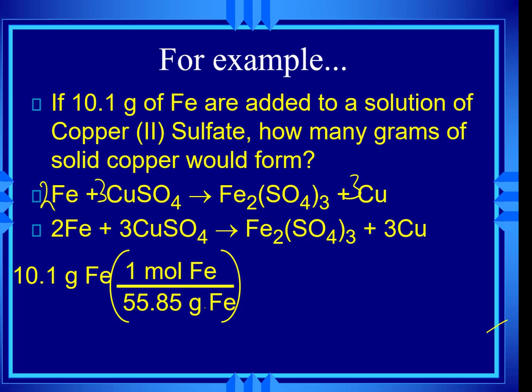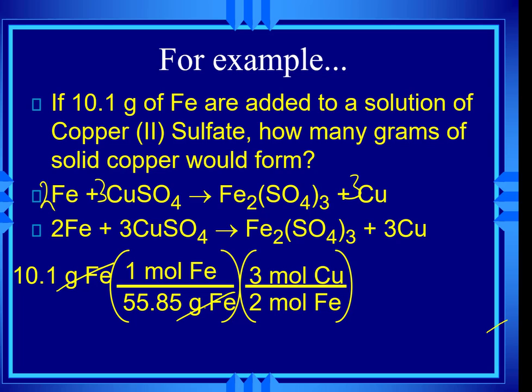And that cancels out grams of Fe. Now that I got moles, I can change chemicals. So I'm going to go from moles of Fe into moles of what they asked for, and they asked for copper. So 3 moles of copper for every 2 moles of iron. And that cancels out my moles of iron.